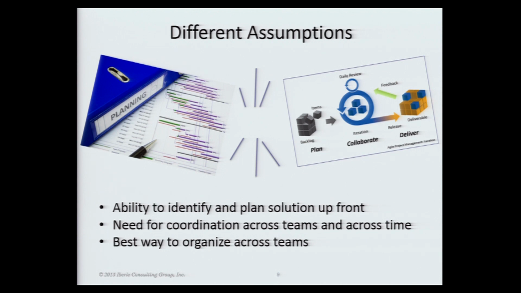Or do you need to have some coordination? And then, assuming you do need some coordination, what's the best way to do that when you're trying to organize across multiple teams? So annual planning has one set of assumptions, Agile has another set, and they conflict with each other. And there's good things and bad things about both sets of assumptions. I'd say they're both right in some ways and they're both wrong in some ways.